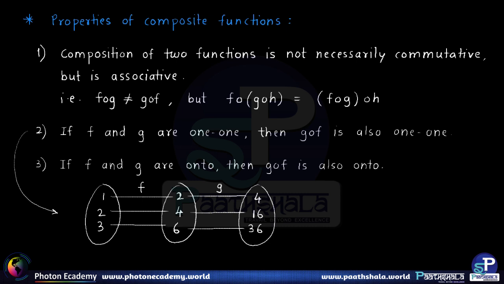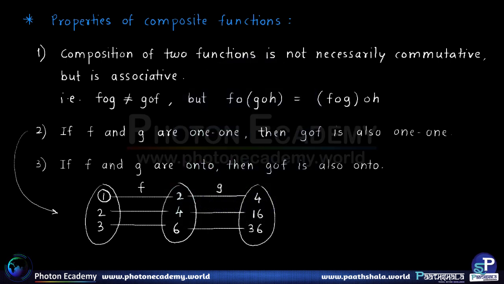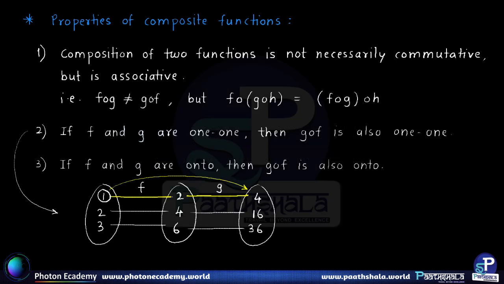So if we travel from 1 along a path until we reach the set C, the first path is from 1 to 2 and then from 2 to 4. So from 1 we ultimately reach 4, which is a unique image. Similarly 2 leads us to 16 and 3 leads us to 36.